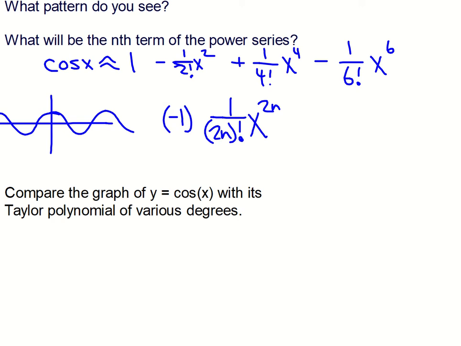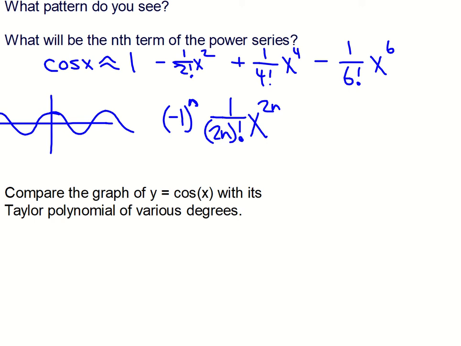When the exponent is 6, n here is 3, and we have a negative sign, so if I just put -1 to the n, -1 cubed is -1. That will work just dandy to get these correct terms. And so we have now come up with a formula for the power series for cosine of x. Please feel proud of yourself there.